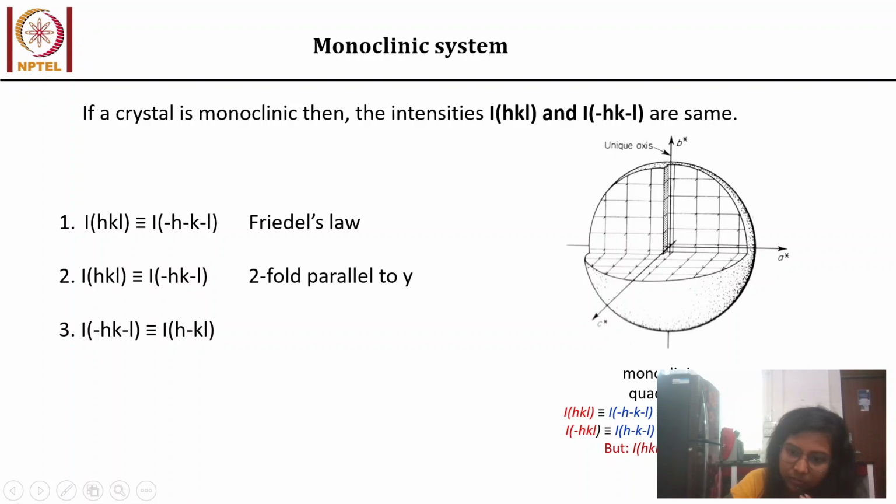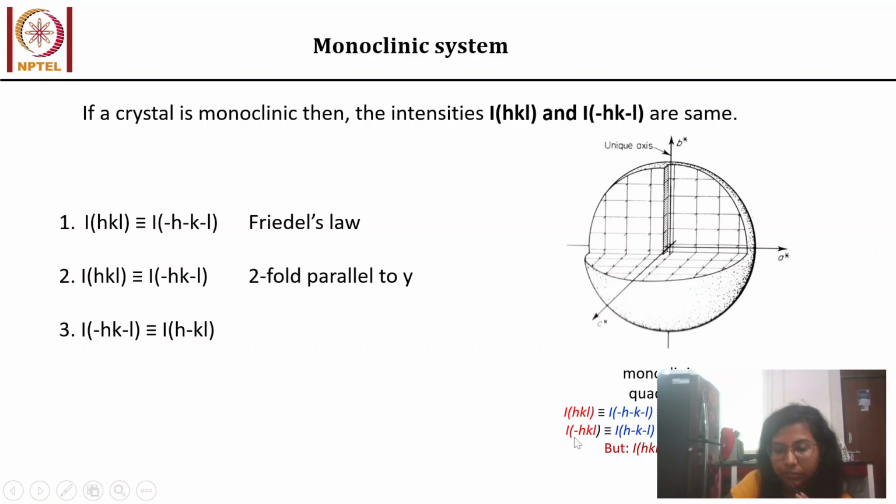Now if we apply Friedel's law to this, because Friedel's law will also apply to this, then these three become equivalent to the intensity of H minus K L. So all these terms become equal, but what are not equal are these two, IHKL and I minus HKL; we do not have any relation between them. Then these two are my unique reflections, my unique intensities.